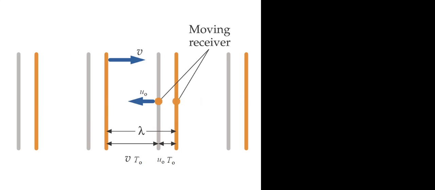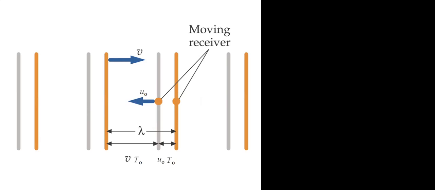Or if you look at the distance that is needed for the wave to propagate from one wave peak to reach the observer, from one peak to the next one. For this peak, if the observer is stationary, then it takes lambda to reach the observer. But if the observer moves towards it, then it only takes from here to here, which is less distance.